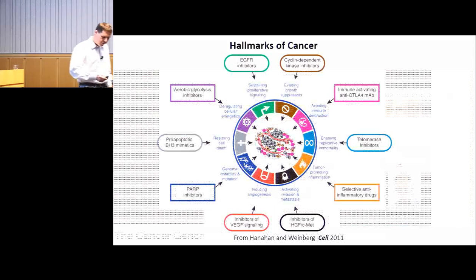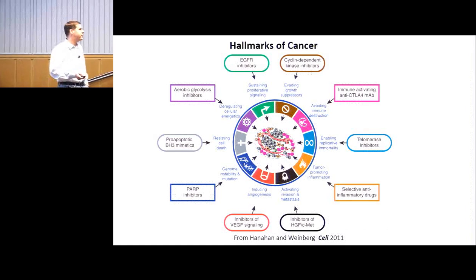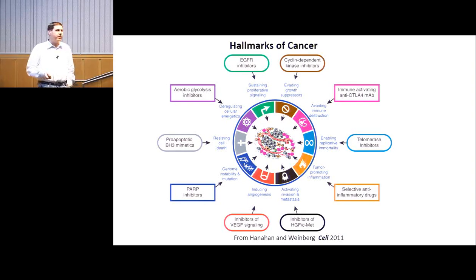So those of you who have gone to a few cancer talks have probably seen this kind of diagram put up before. This is Hanahan and Weinberg's most recent update on this idea that there are hallmarks of cancer. There are a variety of different phenotypes that are important during the onset and progression of cancer that range from genome instability and mutation to avoiding the immune system to sustaining proliferative signaling, et cetera.